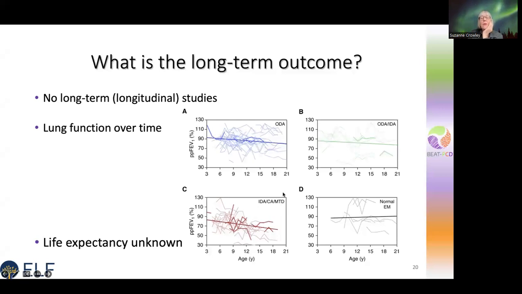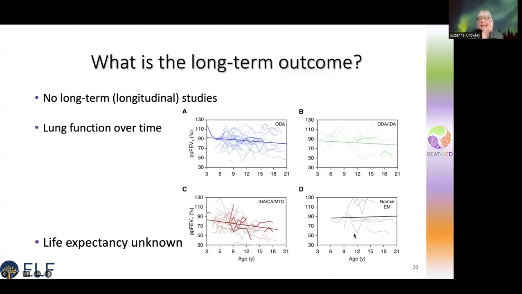And where the internal structure of the cilia is disrupted, like CCDC39 or 40, you can see that lung function starts off a bit lower and falls off a bit more steeply as you get older to the age of 18 here. But there is still a huge range with, again, supernormal lung function and lower lung function.